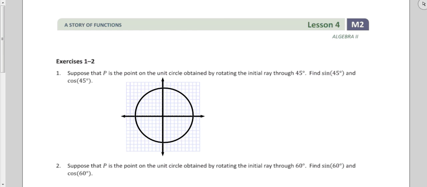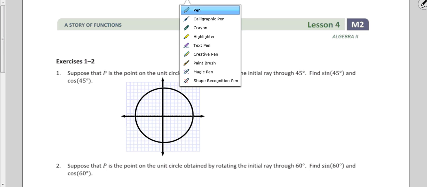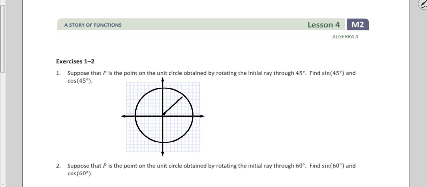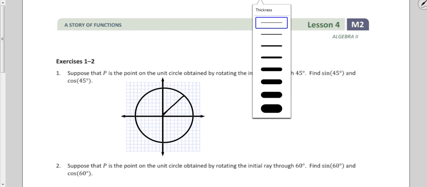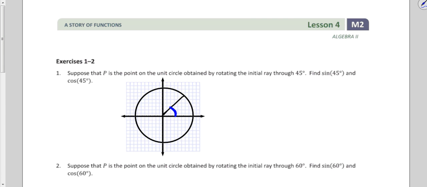Now instead of my initial ray being at 30 degrees, my initial ray is at 45 degrees. So theta equals 45 degrees. Now, if my ray is at a unit length of 1, if the hypotenuse is 1 unit long, how long is this side?